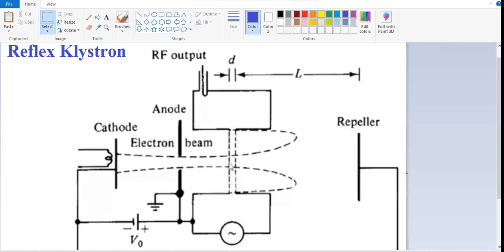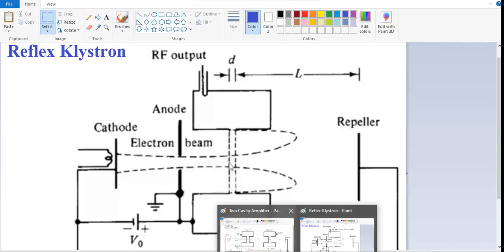If the oscillation frequency is varied, then the resonant frequency of each cavity and the feedback path, that is the phase shift, must be readjusted for a positive feedback. So the two cavity klystron is an amplifier.